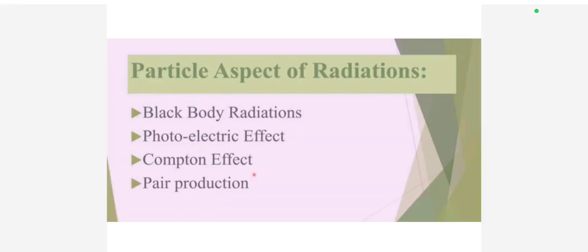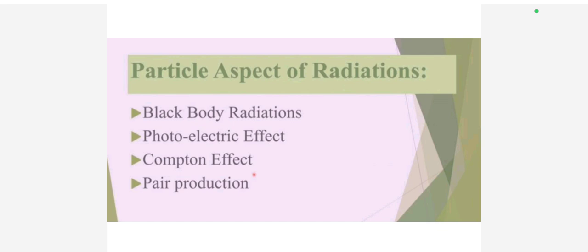Next is the particle aspect of radiation. Black body radiation and the photoelectric effect were studied in previous slides. And then we explain the Compton effect. What is the Compton effect? In the Compton effect and pair production, the Compton effect is the phenomenon that occurs when a photon is scattered off an electron, transferring a portion of its energy to the electron.